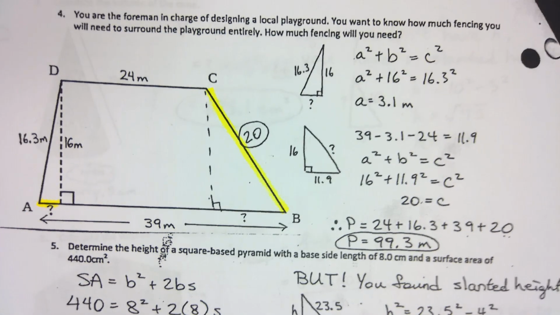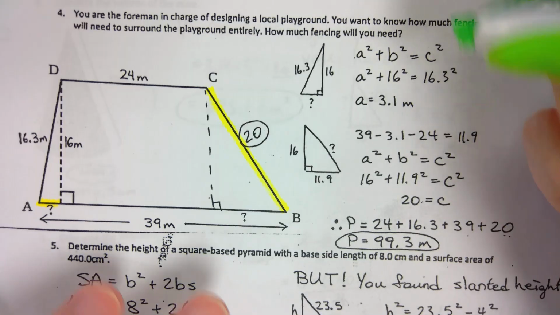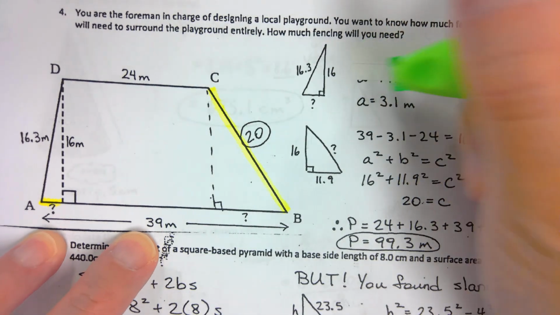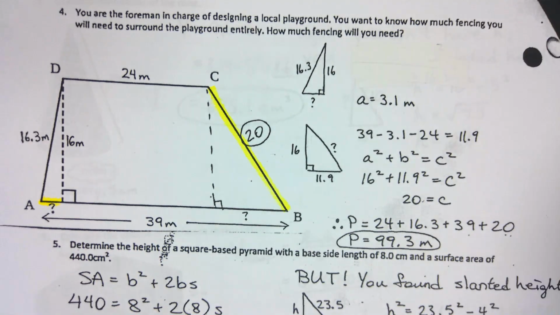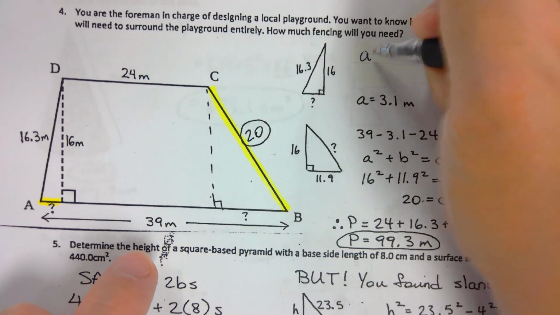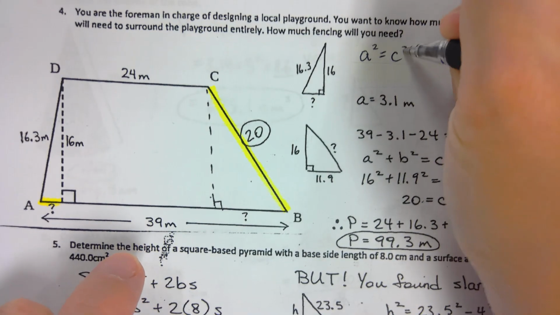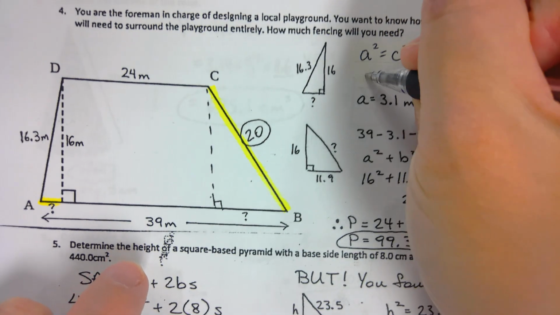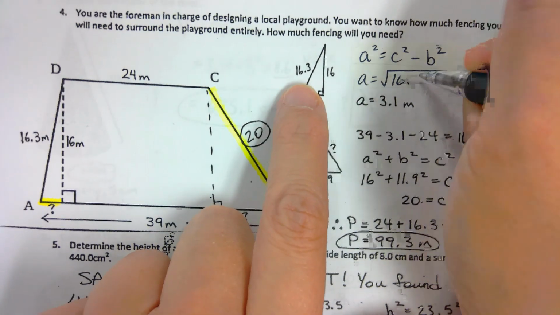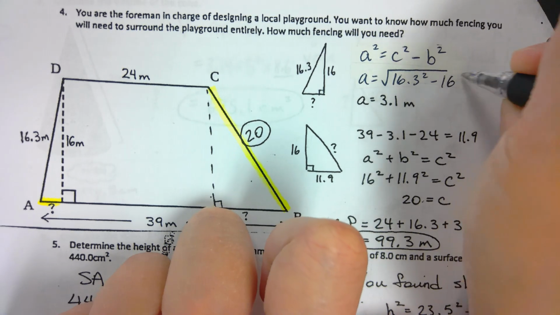Sorry, let me rewrite this better. Here, let me rewrite this so that you guys are used to the format. So I'm doing the a squared equals c squared minus b squared. So a is the square root of 16.3 squared, take away 16 squared.